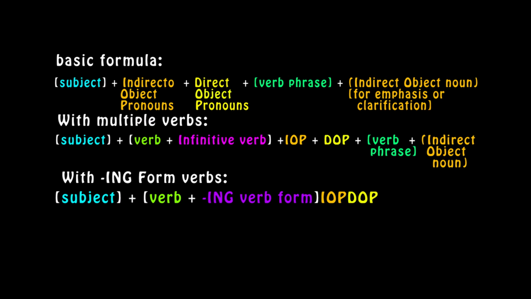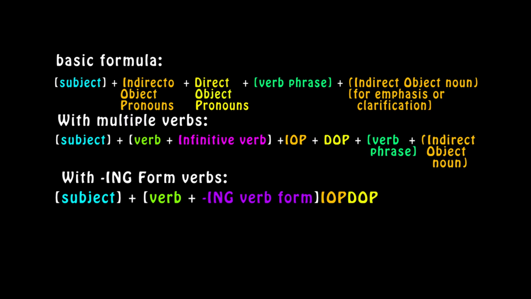When you have the ing form verbs, you will have a subject, a verb ending in ing, and to that you will attach the indirect object pronoun, the direct object pronoun attached to that, and there you go. You got a sentence.